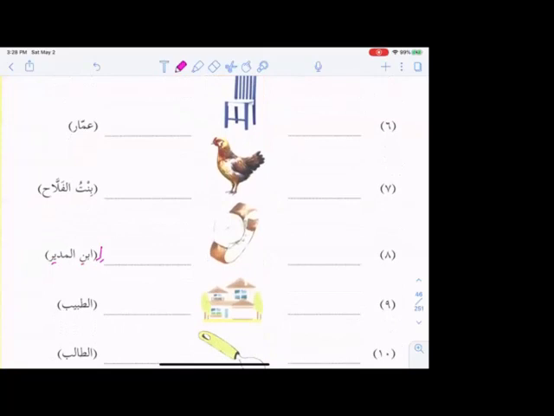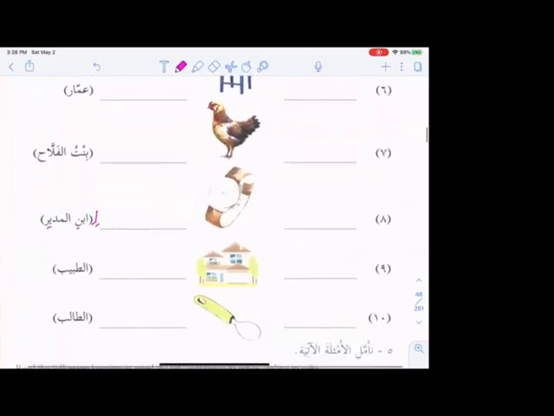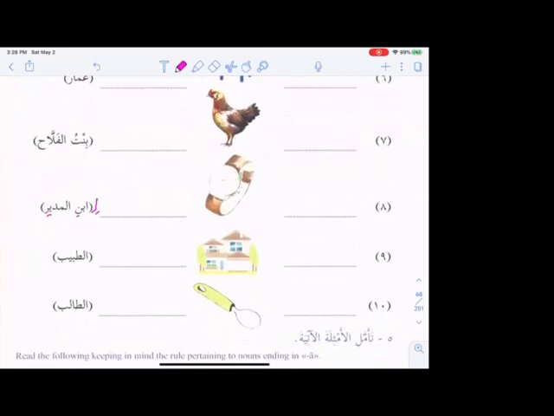Now, liman hazal baytu. You will say, hazal baytu littabibi. Okay, fine. Oh, the spoon is back. Liman hazihil milakatu. Maybe I'll write down the last one.